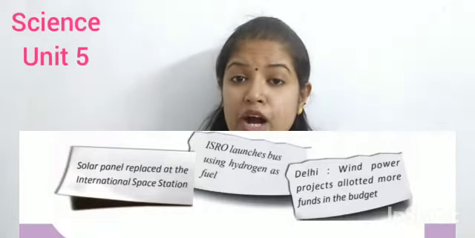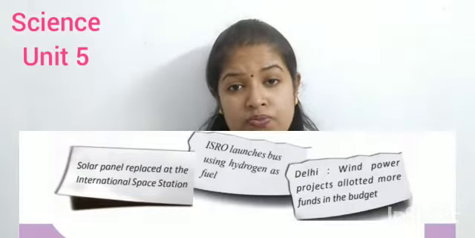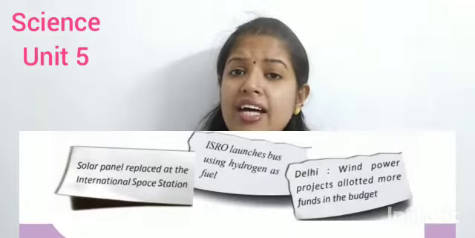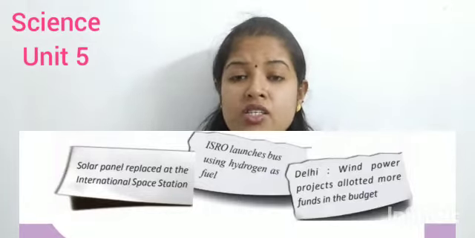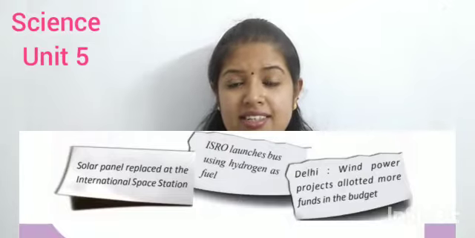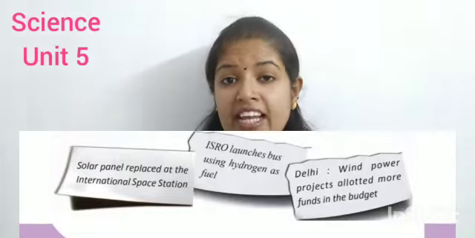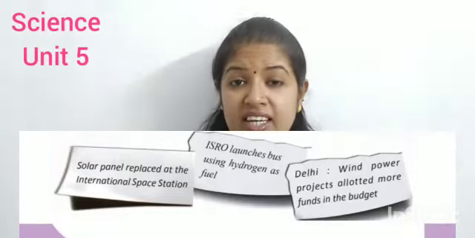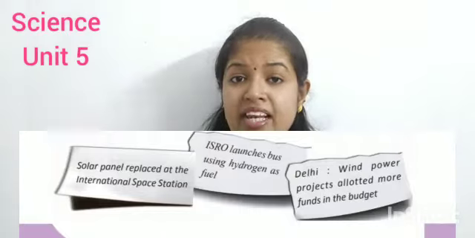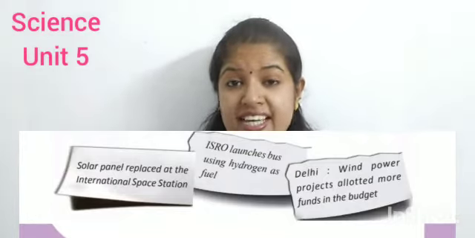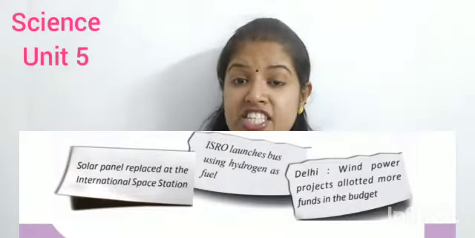And they talked about windmills also. Do you know, children, which energy we are getting from these sources? Exactly. From the solar panel we will get solar energy. From the windmill we will get wind energy. And ISRO is launching a BESS that uses hydrogen as a gas, so we will get hydrogen also.